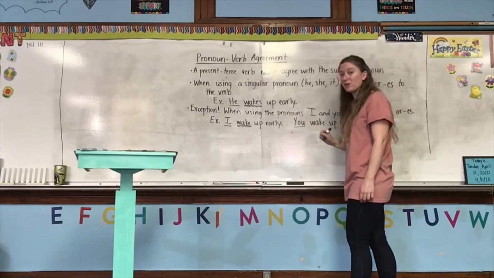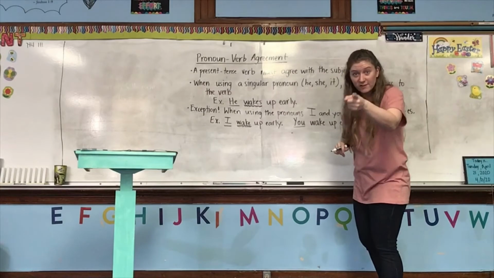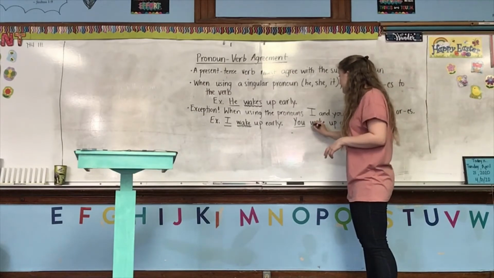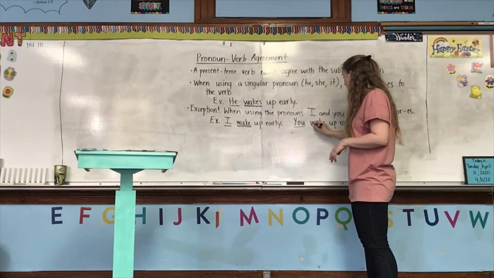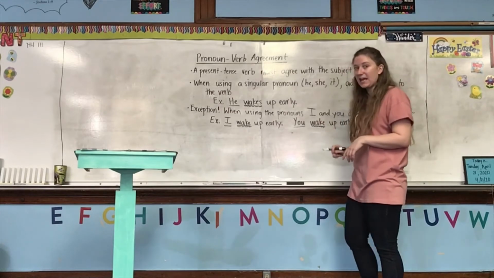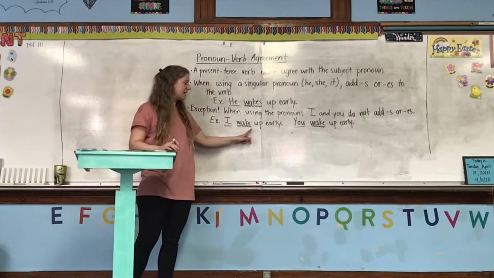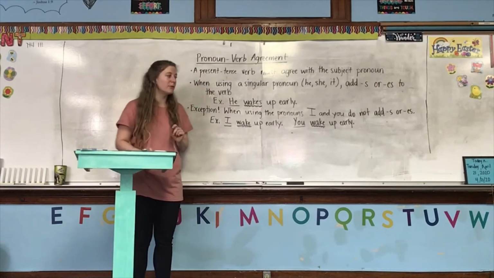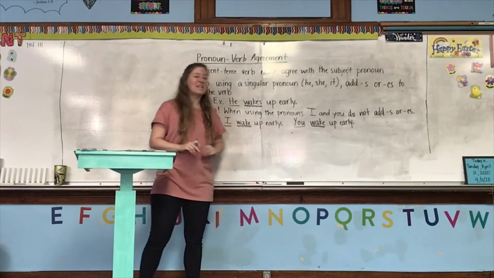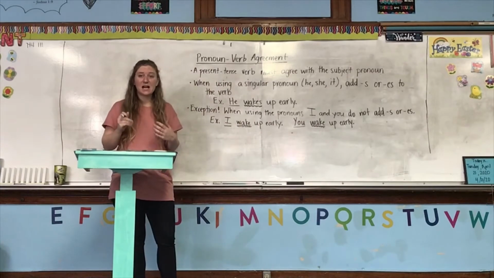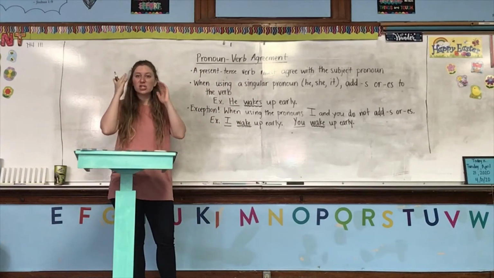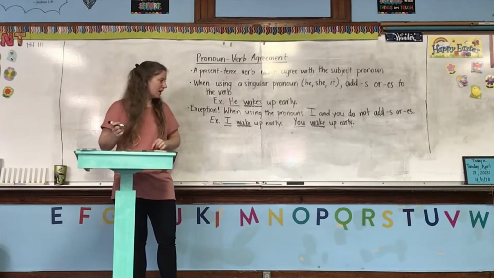Again, we have that pronoun you. Even if I'm only talking to one of you right now, I would still not add that S to the end. Because listen to what happens if I add that S to the end. I wakes up early. That doesn't sound right at all. You wakes up early. Again, that doesn't sound right. So luckily, we can check ourselves just by reading the sentence in our head.